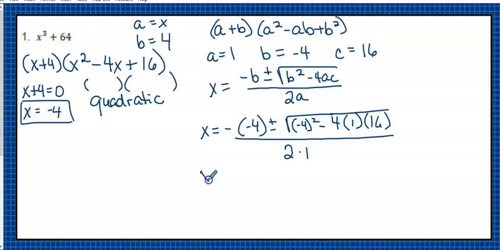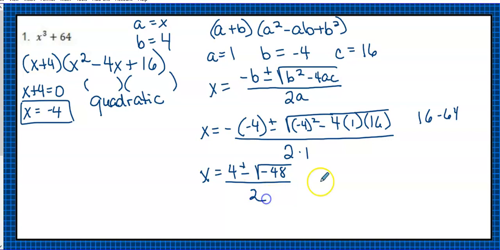Okay, so let's start simplifying this. The opposite of -4 is 4, plus or minus the square root. This is 16. And minus, that's going to be 64. So this is 16 minus 64, which is -48. And all of that's over 2.